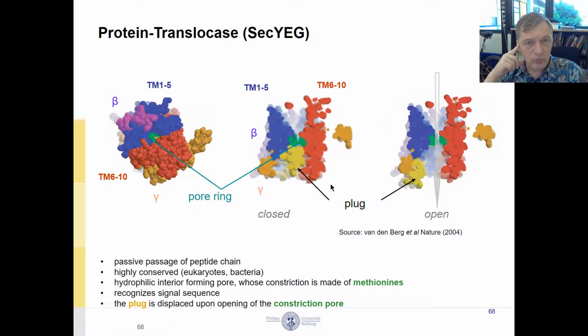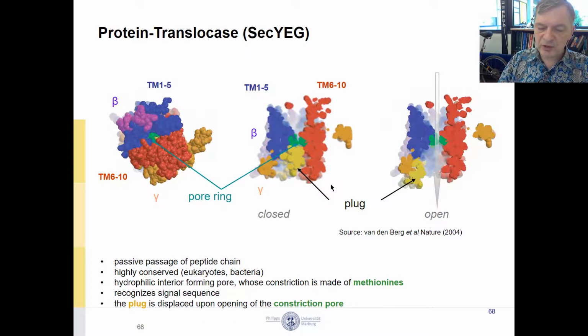Because we know much more about the protein translocase. We have structures which can explain the mechanism of how proteins can be translocated through the YA loop. First of all, you have to consider nothing can go through the translocon, or SEC61 or SecYEG complex, apart from the polypeptide chain. That is remarkable because you have 20 different amino acids. They look all different.